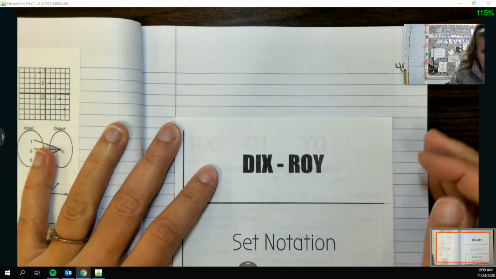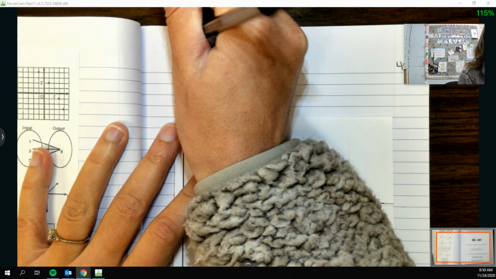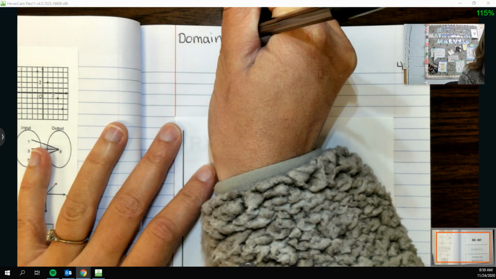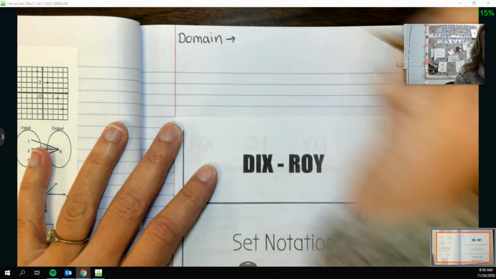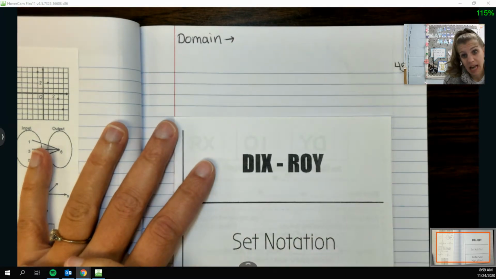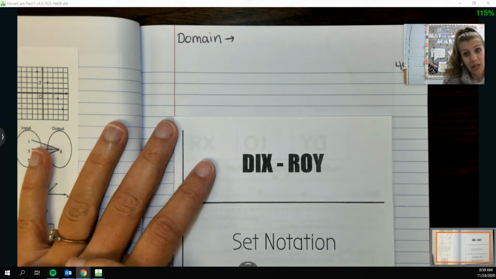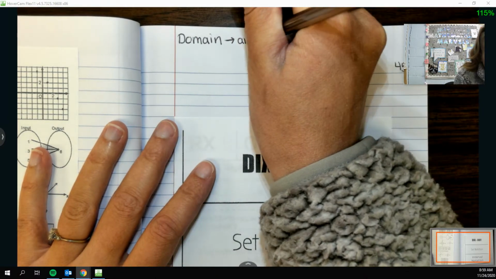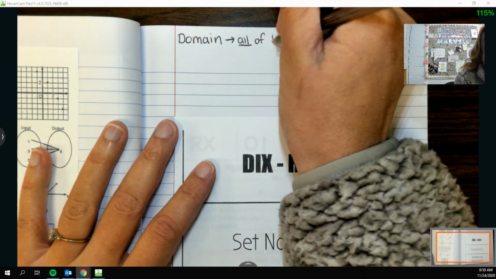First thing I want to define is domain. Domain is just a fancy way of saying all of the x values, or all of our independent variable values, or all of our input values. So domain are all of the x values.